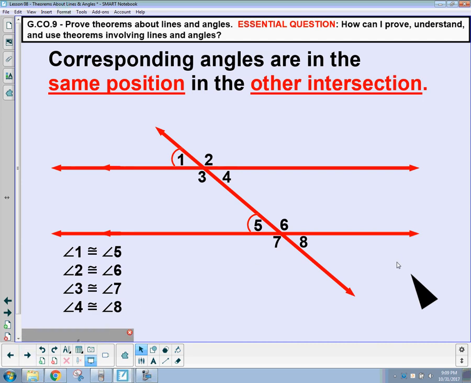Again, notice, same position between the two parallel lines. Corresponding. And they are also congruent. Okay, note the congruent symbol. 1 is congruent to 5, 2 to 6, 3 to 7, 4 to 8.